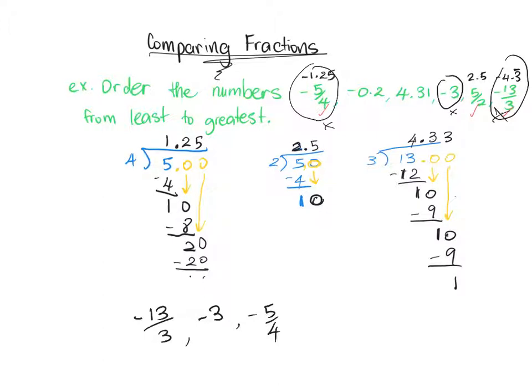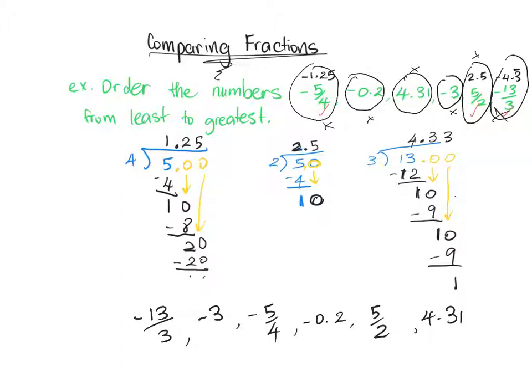And there's still one negative number, so that is the next one, which is negative 0.2. Now we can go into our positive numbers, and so the smaller of the two positive numbers is this guy right here, which is 5 over 2. And then finally, our last number here is 4.31. So now we have arranged our numbers from least to greatest.